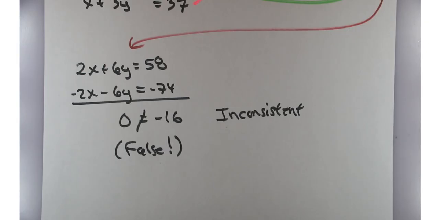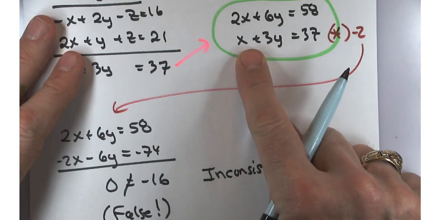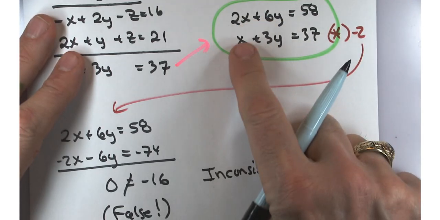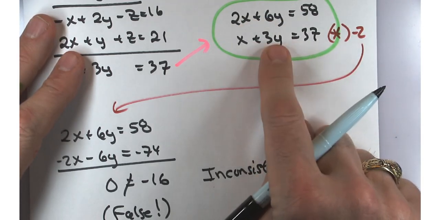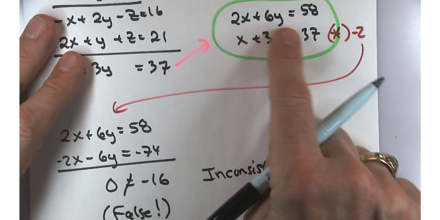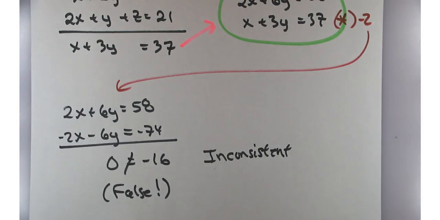So if we did another method, we would still get to the same conclusion? Yeah. If you solved for x, moved it to the other side, and then substituted back in for x, you'd have 2 times 37 minus 6y. You'd have a minus 6y and a 6y that would cancel. You'd end up with, let's see, 74 equals 58. So it would still lead you to the same conclusion.